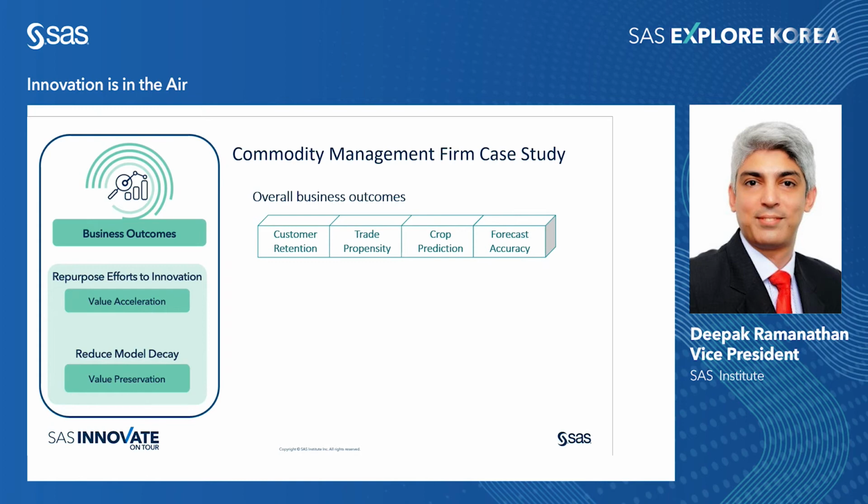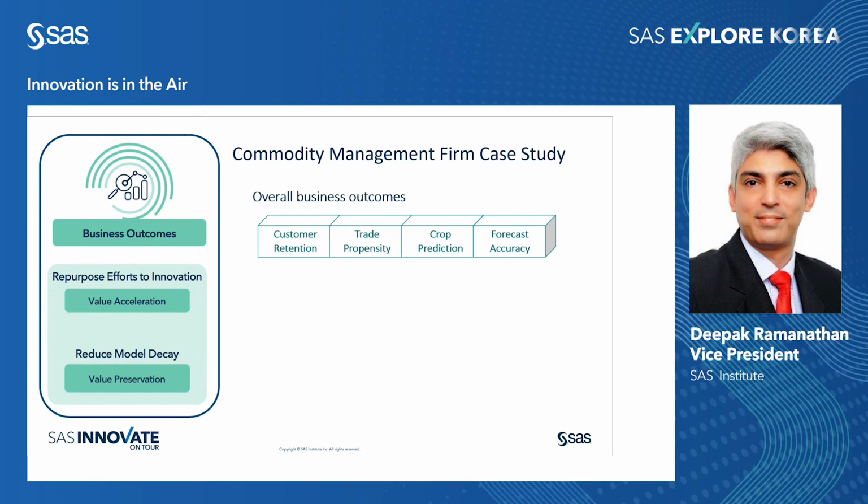Let me explain this a little more, right? So by value acceleration, what we're essentially looking at is how can an organization start building out these business outcomes to, like I said, drive services innovation, product innovation, and get that accelerated value in there.